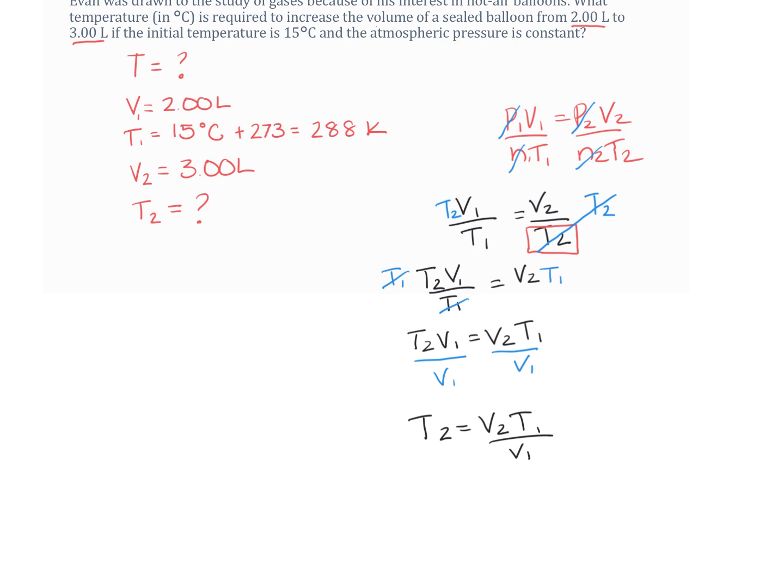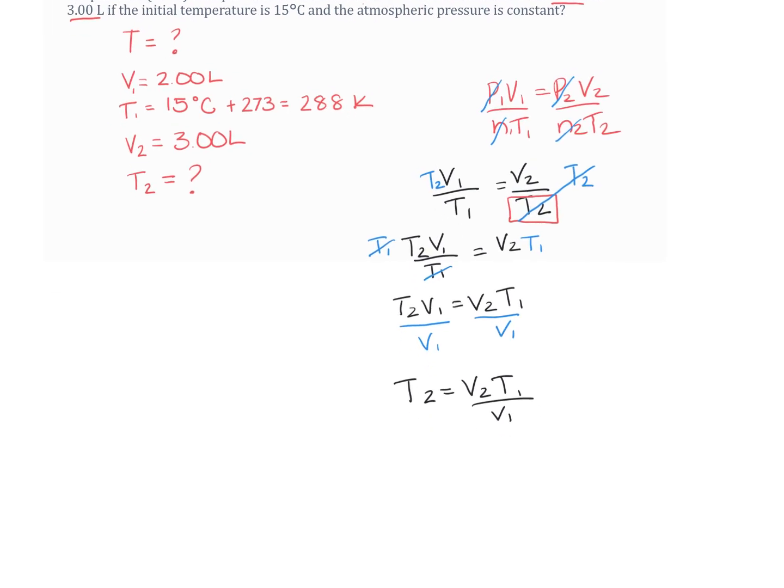So we have our equation here, and now all we have to do is plug values in. T2 equals V2, which is 3 liters, times T1, which is 288 Kelvin, over V1, which is 2 liters.